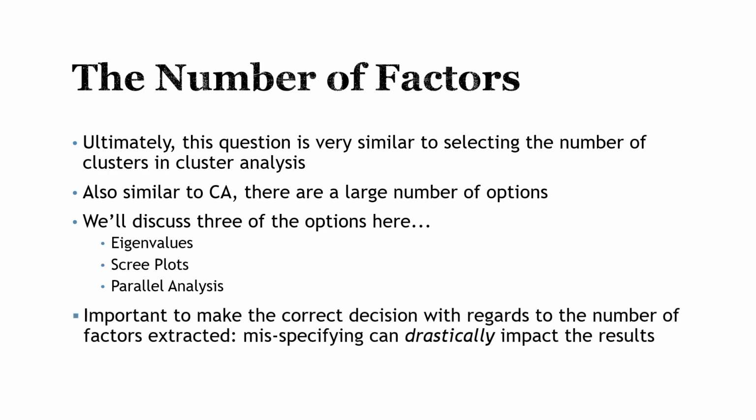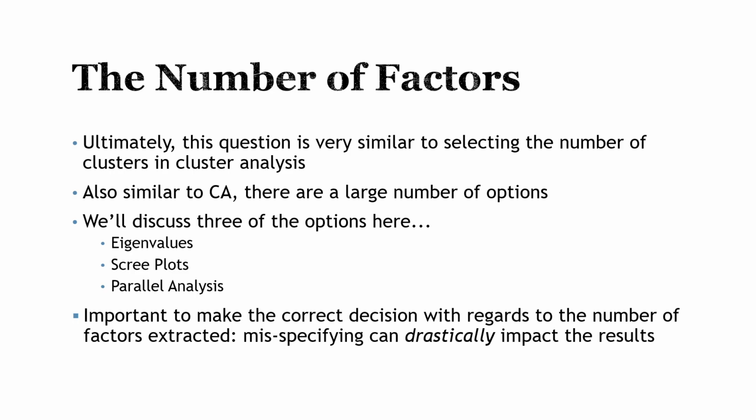Now, it's important, again, to make the correct decision. And with the previous one, they tended to agree. With these, it's fantastic if they agree, but frankly, typically eigenvalues, scree plots, and even sometimes parallel analysis all tend to give you a different number of factors. Now, when that happens, what we can do is run all of the factor suggestions from each of the recommendations and see which one is most interpretable.